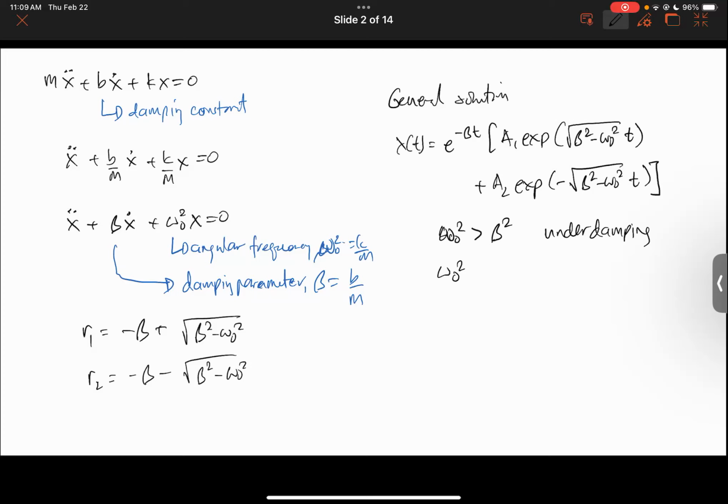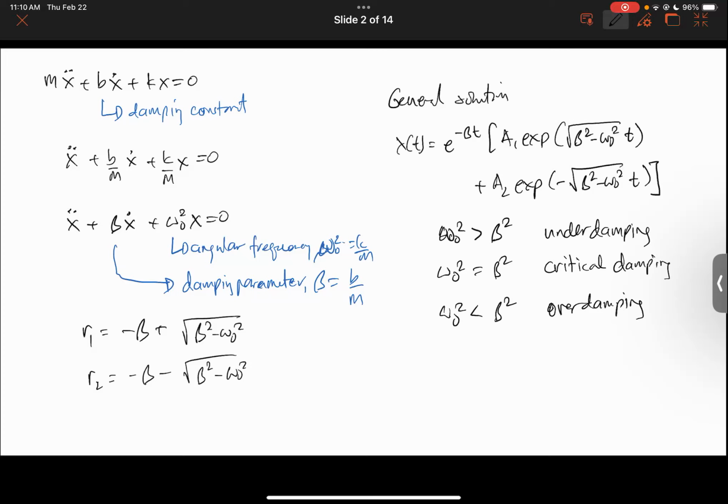When omega naught squared is equal to beta squared, ang tawag natin dun ay critical damping. And when omega naught squared is less than beta squared, we call that overdamping.